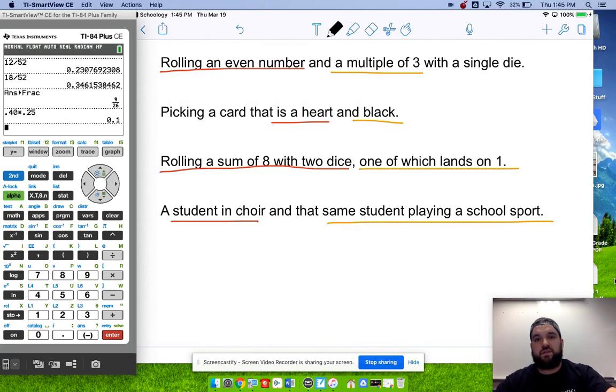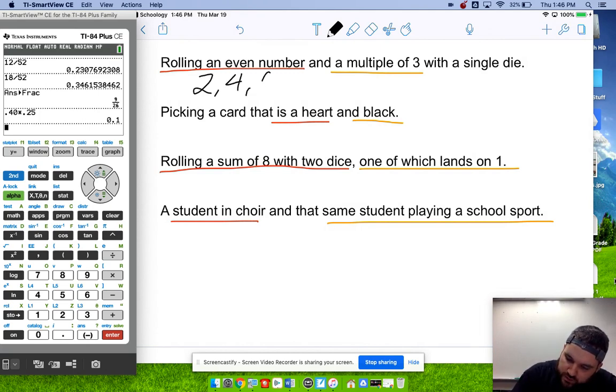Event 1, rolling an even number, so 2, 4, 6, and it has to be a multiple of 3. So the question is, 2, 4, 6, a multiple of 3 would mean 3 or 6. Is there a possibility that both events can be true with a single die? And the answer is yes, they can both occur, because 6 could fulfill both events.